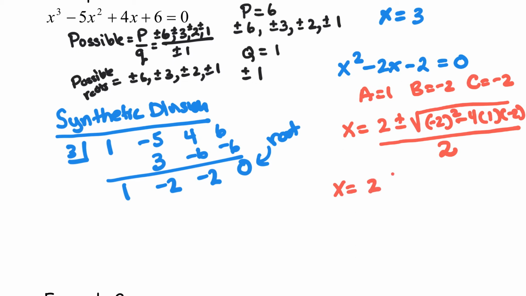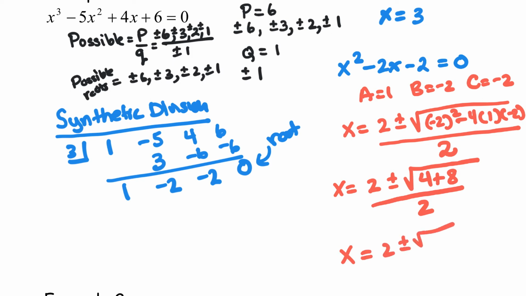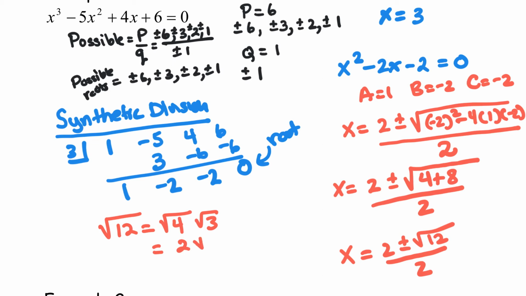Negative 2 squared gives you 4, plus 8, divided by 2. So the roots are going to be 2 plus or minus square root of 12 divided by 2, and square root of 12 can be simplified, which is the same thing as square root of 4 times the square root of 3. Square root of 4 is 2.